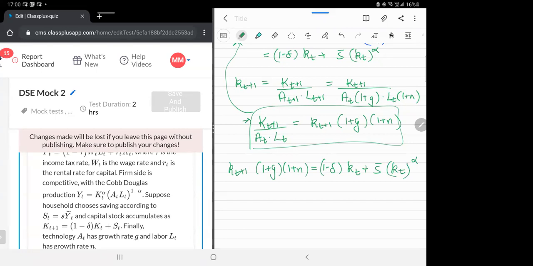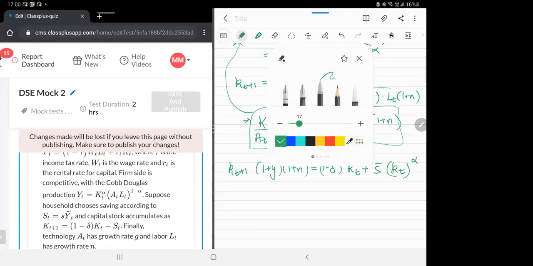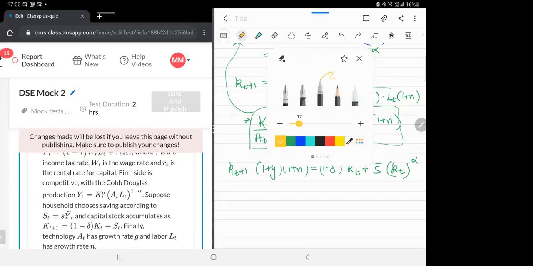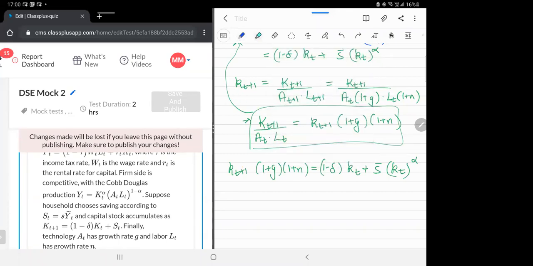Now in steady state, this small k_t must be constant. So you should have this k_{t+1}, this k_t, and this k_t^α all as your k*.